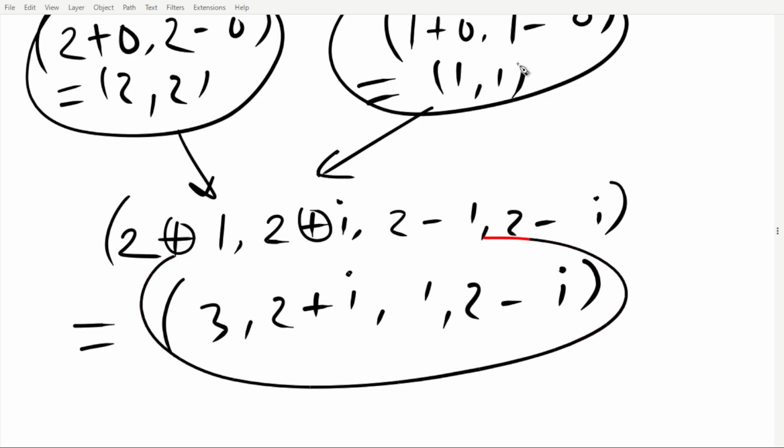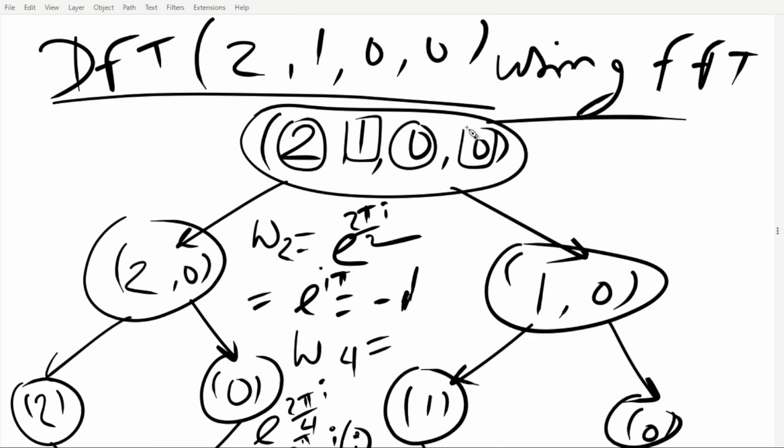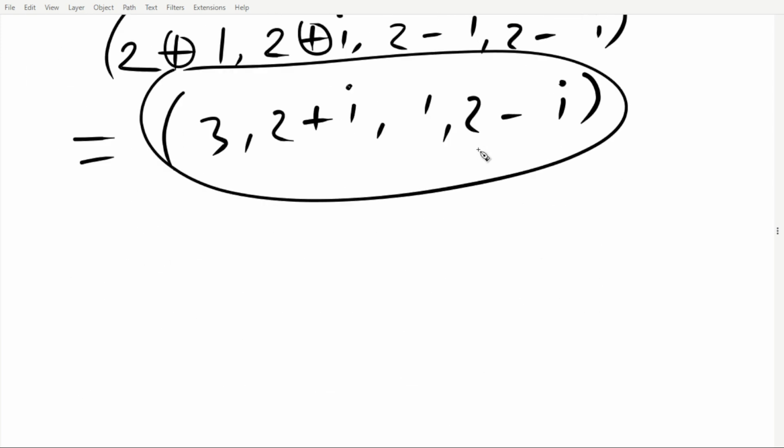So this is DFT of the original vector 2, 1, 0, 0. Now exactly very similar computation we perform for the second DFT, DFT of 3, 2, 0, 0.